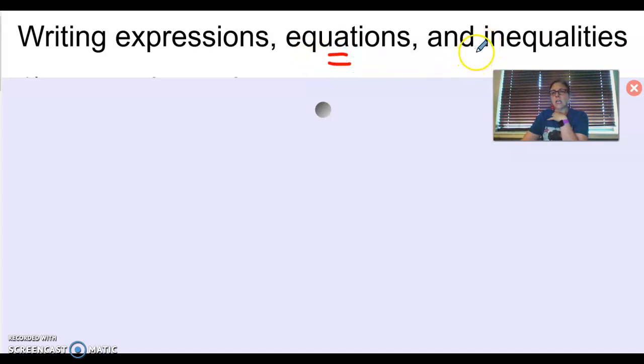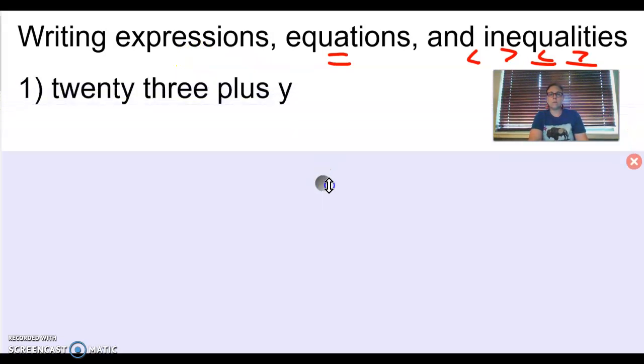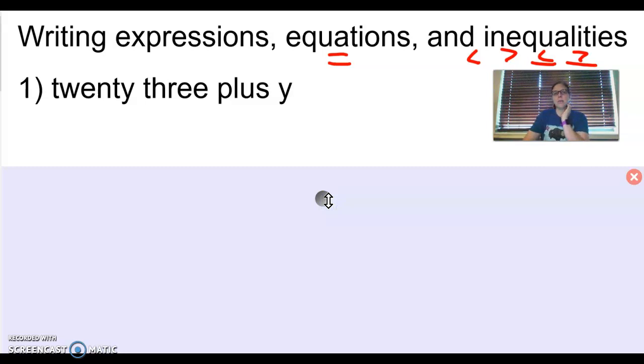An inequality is going to have less than, greater than, less than or equal to, or greater than or equal to, and expressions won't have any of those, okay? So, 23 plus y. So this is going to be an expression because it just says 23 plus y. So that would be all we would write, 23 plus y.